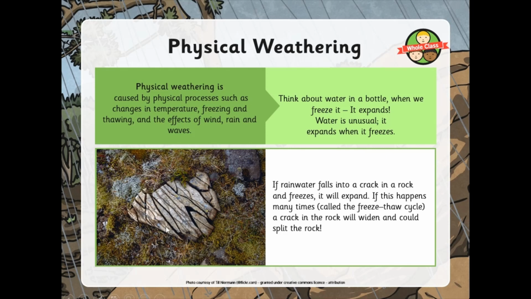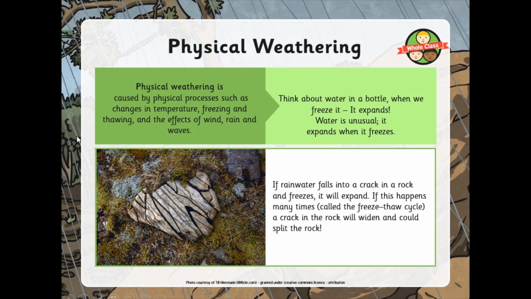You can see it here: water's got in the cracks, and then overnight it is frozen, and that's forced the rock apart slightly. As the water has melted, it's gone deeper into the crack and refrozen, forcing it apart again, and so on and so on, until potentially the rock could split or pieces fall off it.